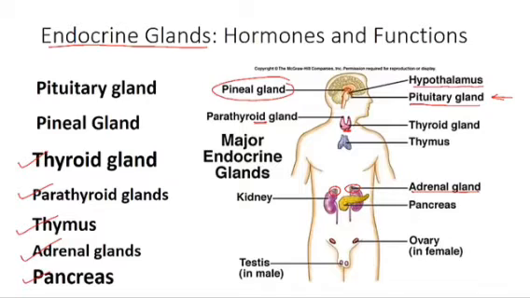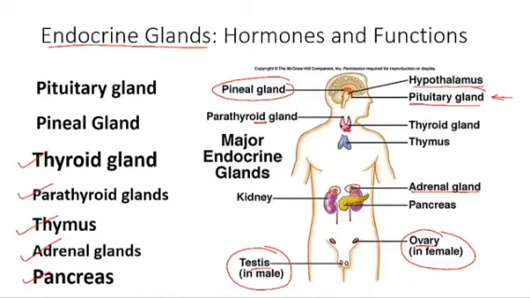The pancreas is present in almost an equivalent position with the kidney, and in the front it is linked with the stomach and the duodenum of our intestine. And there are two other hormonal glands, the ovary and testis. The ovary is only in females and the testis only in males, and they produce hormones responsible for major and minor sexual characteristics in men as well as in women. So these are the different positions of the endocrine glands.